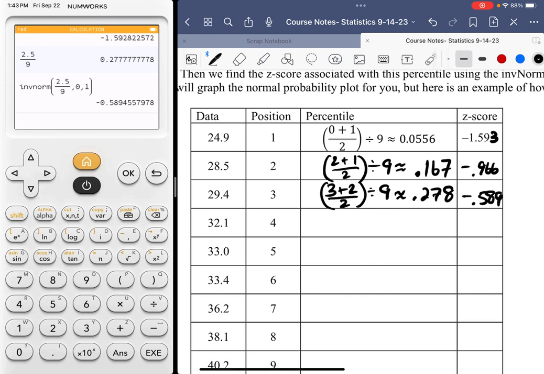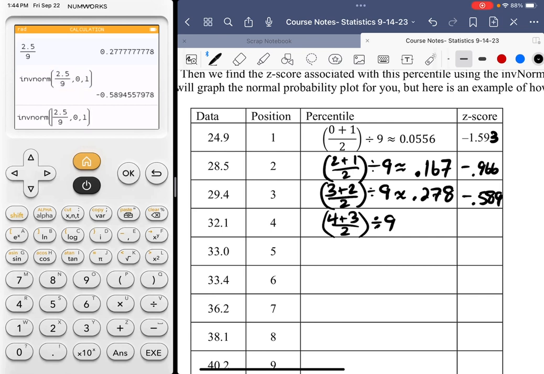And again, the next one would be 4 plus 3 over 2. That's 7 over 2, which is 3.5. So I can just make this 2 into a 3.